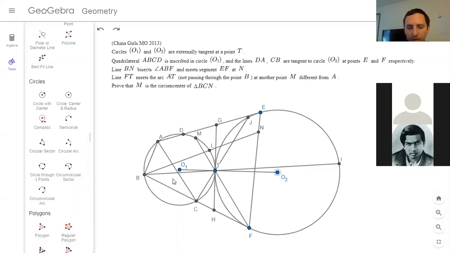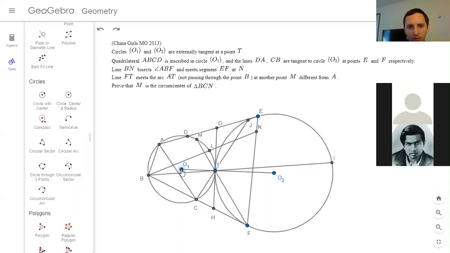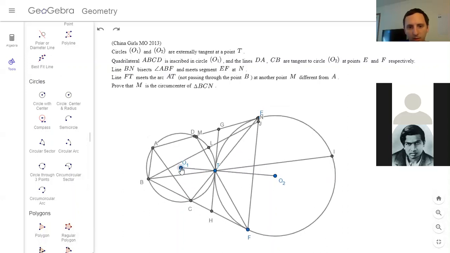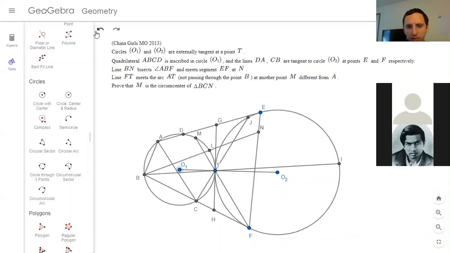But basically it's saying if we could move just O2, but this circle would stay the same, then N would stay the same.